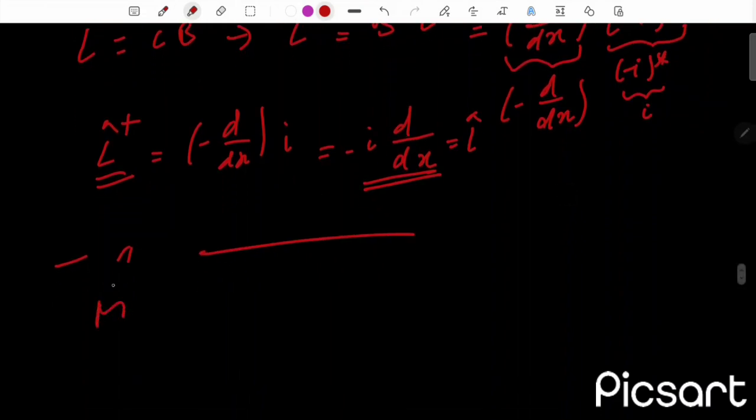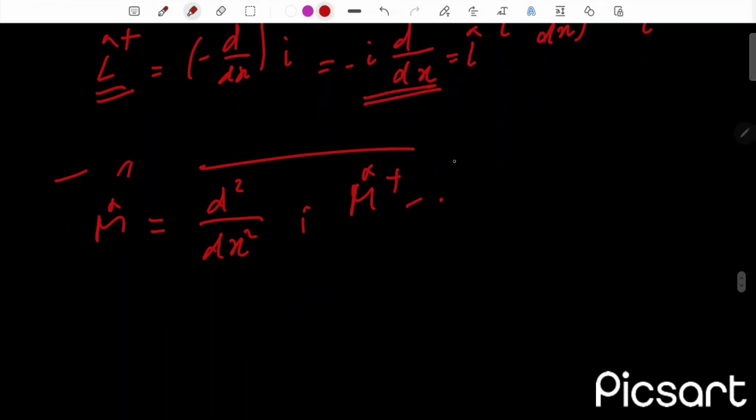We have now M as d squared over dx squared, and we want to obtain M dagger.